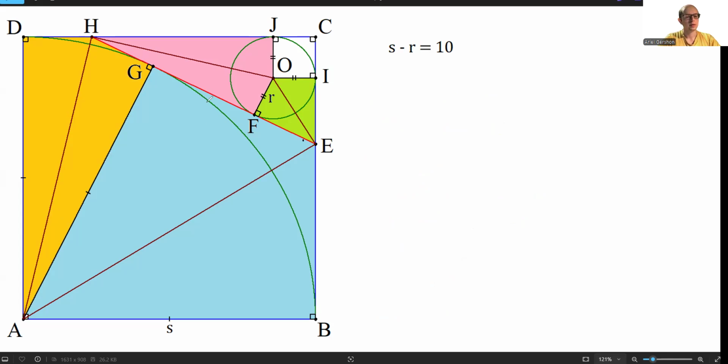So basically what we have here is BE equals GE. That's from the blue kite. Then in the green kite, we get that FE is equal to EI. Then in the pink kite, we get FH is equal to HJ. In the orange kite, we get GH is equal to HD.